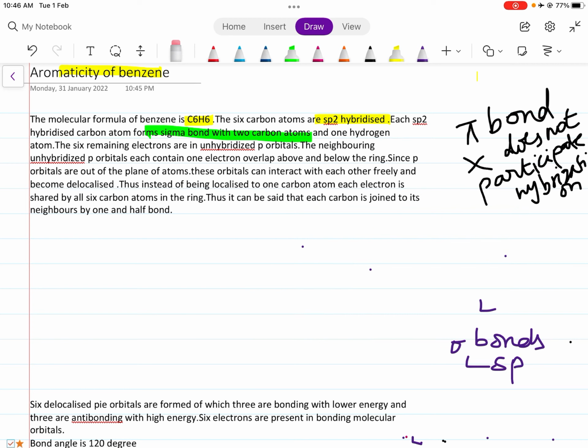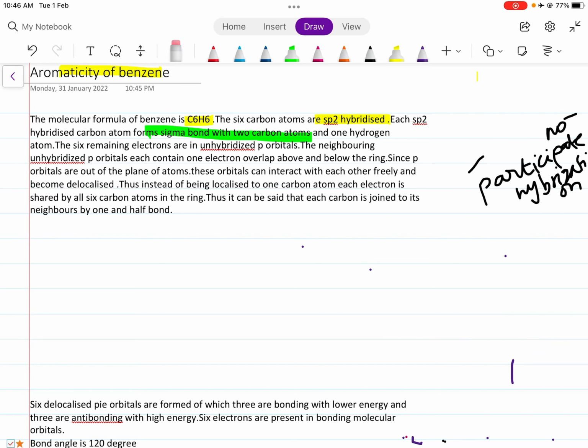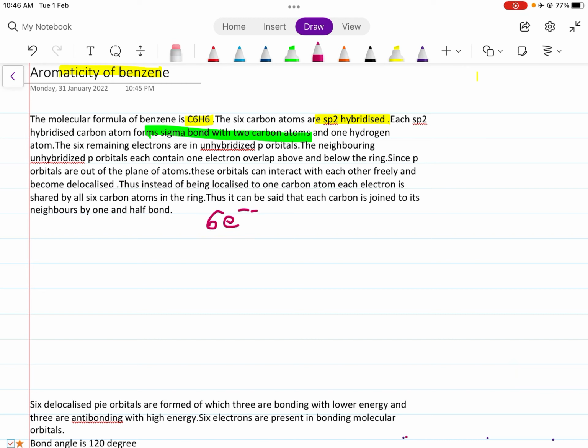See, very simple. There are 6 electrons which we know are unhybridized. So I will write here that there are 6 electrons which are unhybridized.